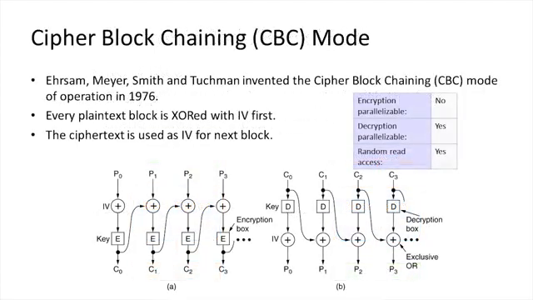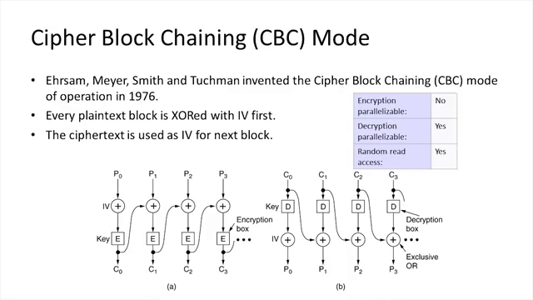Ehrsam, Meyer, Smith, and Tuchman invented the cipher block chaining mode, CBC mode, of operation in 1976. Every plaintext block in their design is exclusive-ORed with the initialization vector first. The ciphertext is used as IV for the next block.